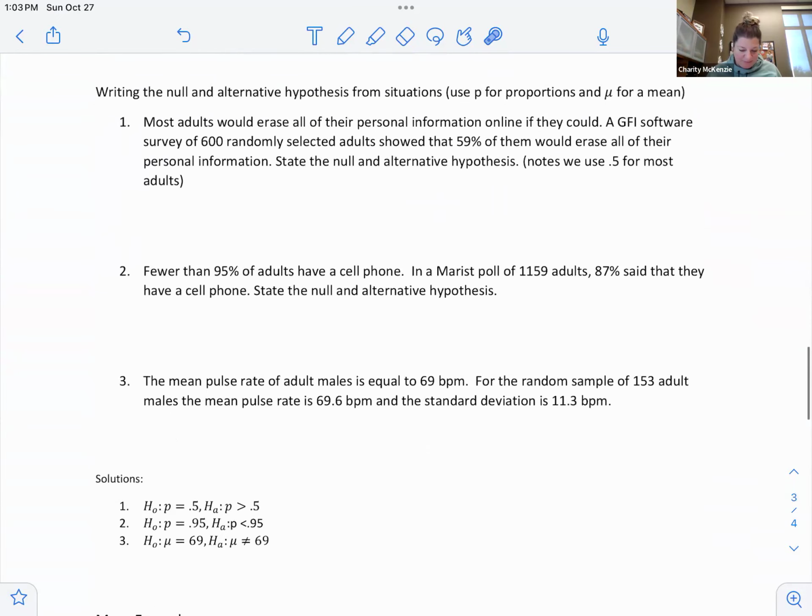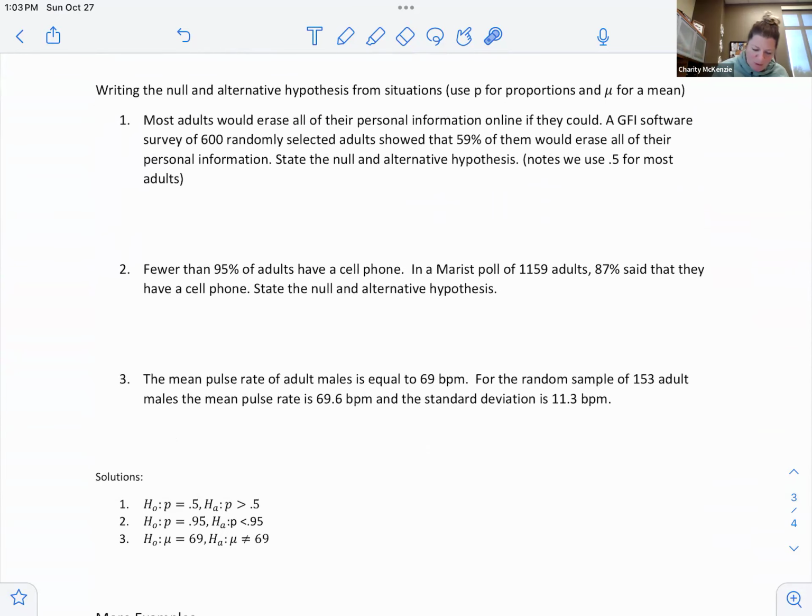Let's do some examples. For problem 1: most adults would erase all of their personal information online if they could. A GFI software surveyed 600 randomly selected adults, and they showed that 59% of them would erase all of their personal information. State the null and alternative.